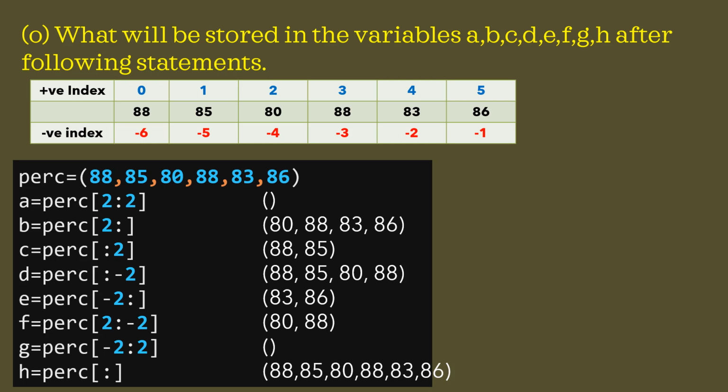So this one will give you an empty tuple. Now next one is pers, then within square brackets colon. That means starting with index number 0 till the end of the tuple. All the values will be printed. So this tuple will have values 88, 85, 80, then 88, 83 and 86. All the values from the tuple will be accessed.